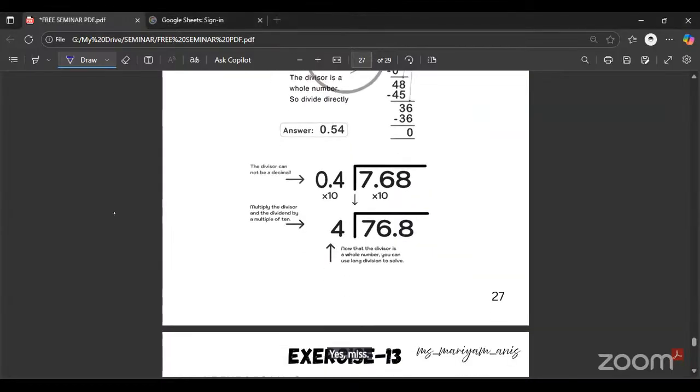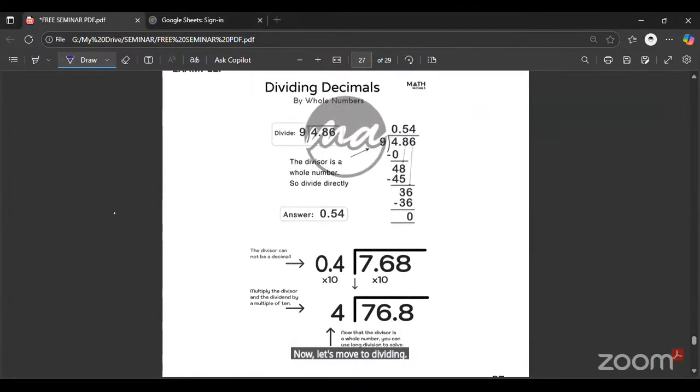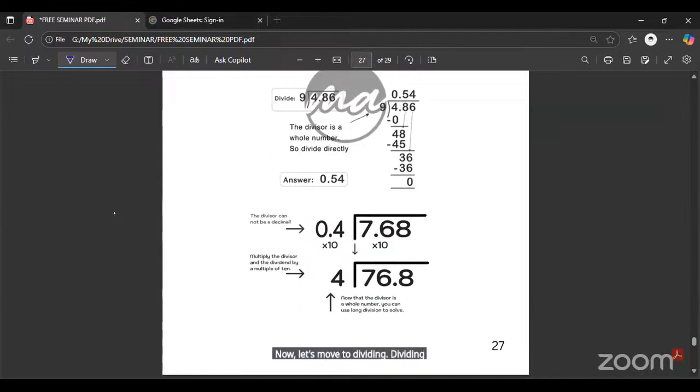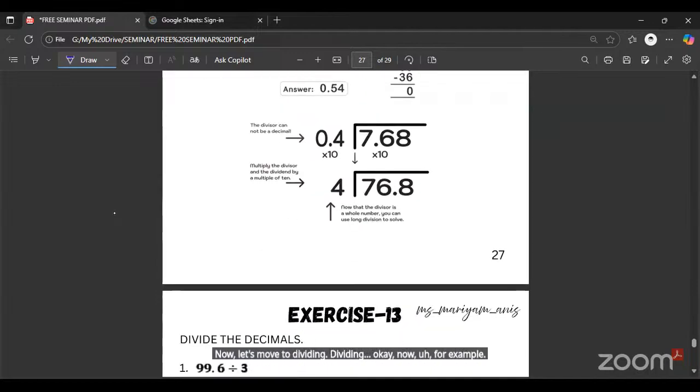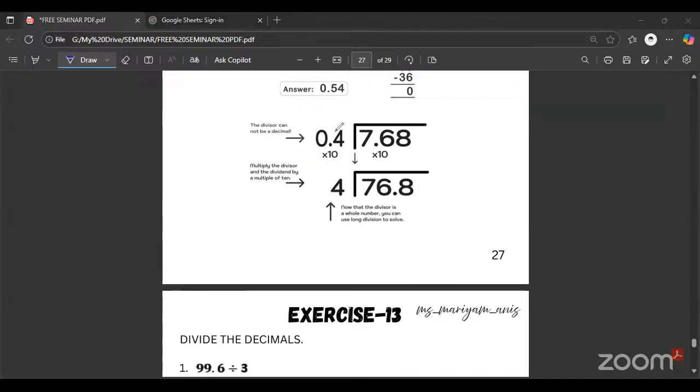Now let's move to dividing. For example, 7.68 divided by 0.4. Can you see the screen? Always remember when you are dividing, the divisor should be a whole number.